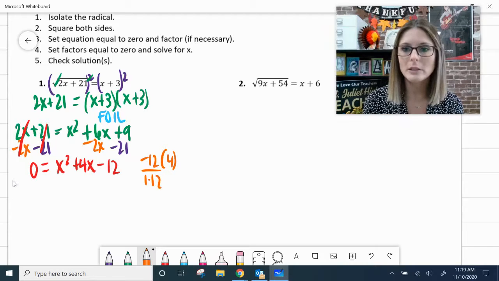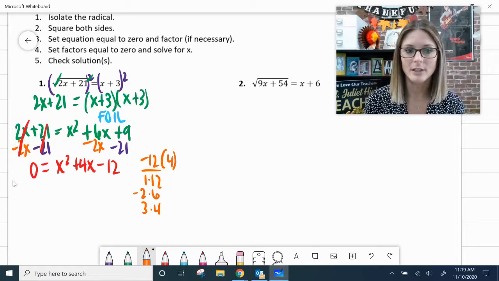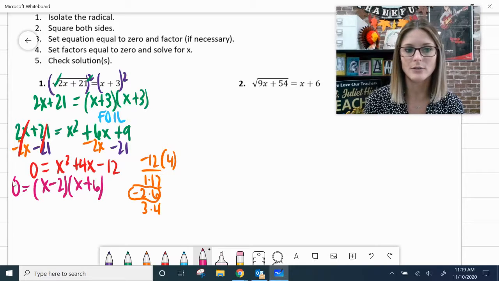So probably not 1 times 12. Maybe 2 times 6 or 3 times 4. I need them to multiply and make a negative, so my signs are going to be different. I'm going to use negative 2 and positive 6. Let me show you the factored form. x minus 2 and x plus 6 is factored.